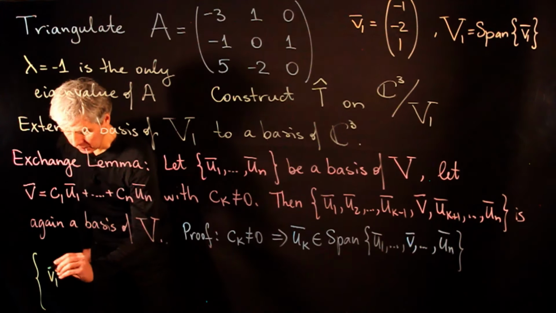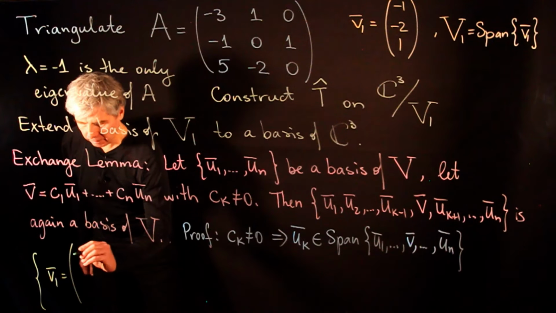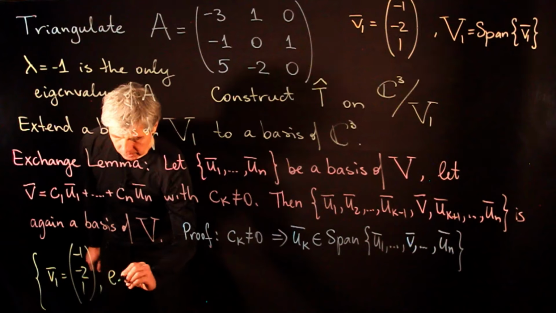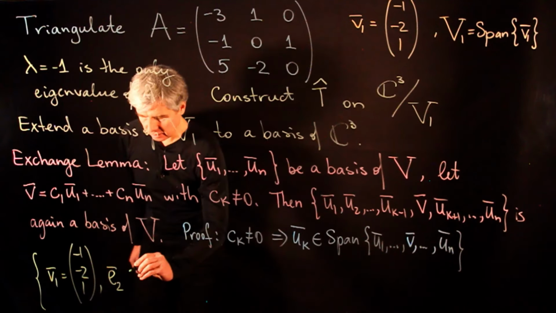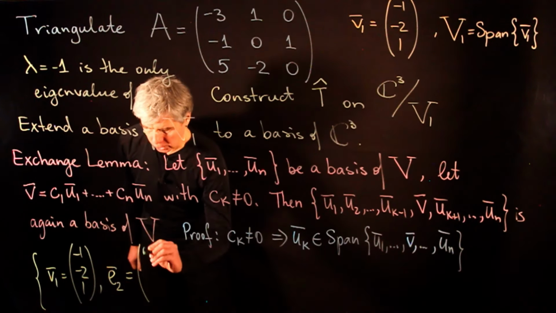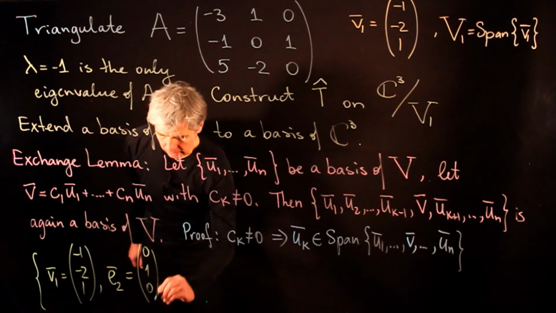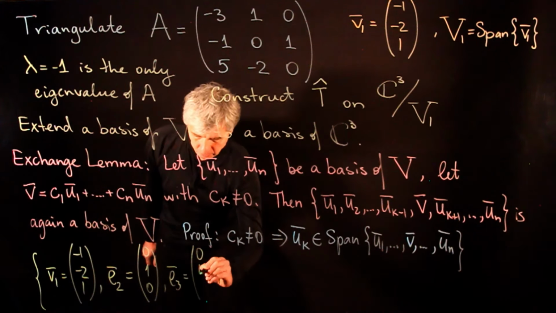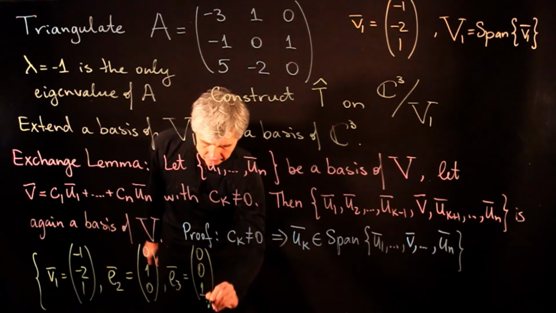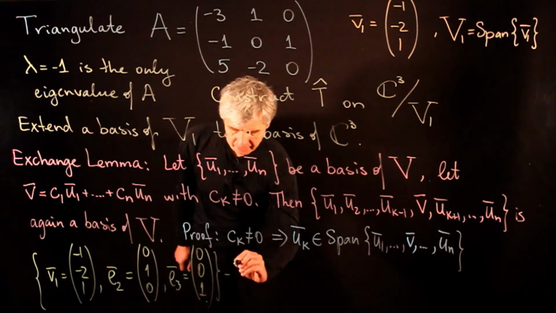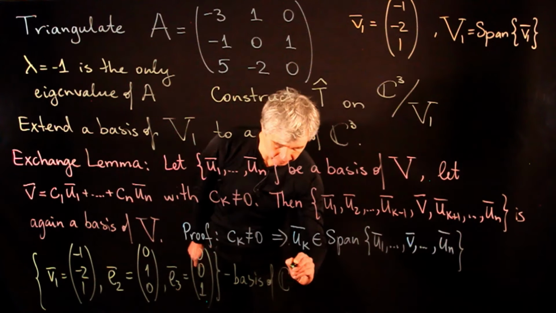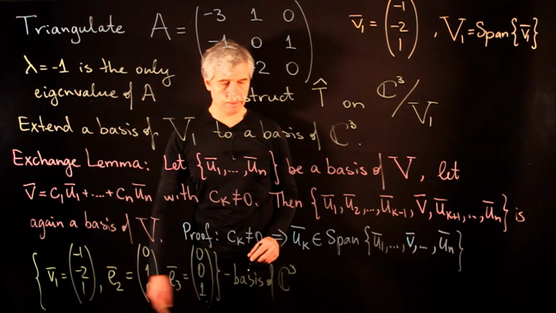So we can take v1, which is minus 1, minus 2, 1, and then we just take two standard basis vectors, e2, which is 0, 1, 0, and e3, which is 0, 0, 1. And so this is a basis of C3 that contains vector v1.